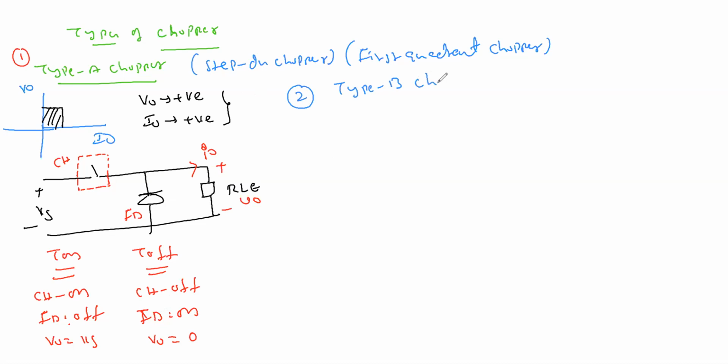Second one, देख लो, type B chopper, or I can say here now second quadrant. They were first quadrant. This is the step up chopper.